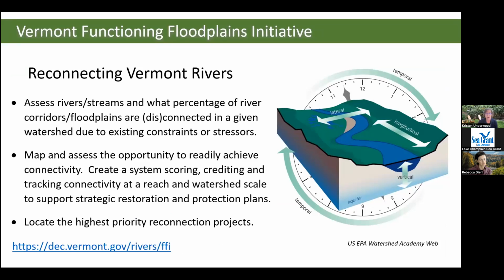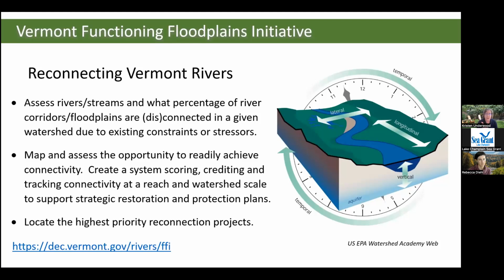And beginning in about 2019, under Mike's leadership, the Functioning Floodplain Initiative was formed as a kind of a reimagining of this ongoing restoration and conservation work to cast these efforts in a broader framework of reconnecting Vermont's rivers, to more systematically identify those highest priority locations for reconnection.